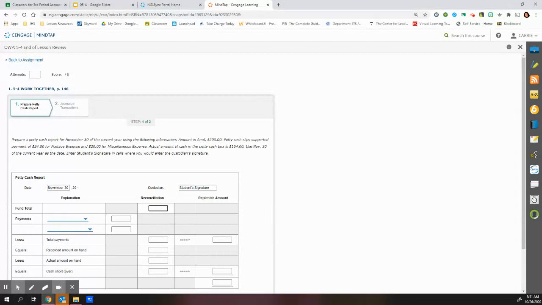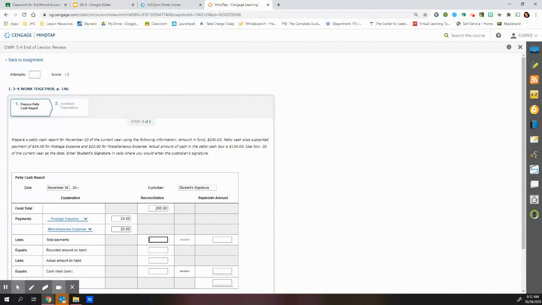Total fund is $200. Now, we made payments, right? Petty cash slips supported payments of $24 for postage and $20 for miscellaneous. So postage expense is going to be 24, and miscellaneous is going to be 20.